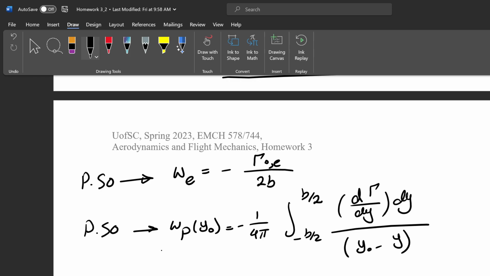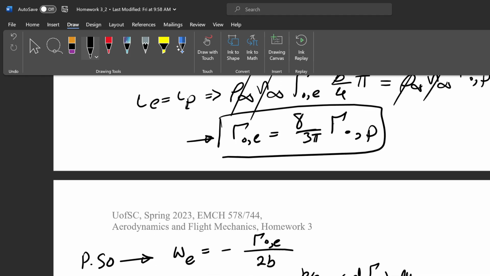We are looking at the symmetry plane, so y naught is 0, which means the parabolic induced velocity at 0 is negative 1 over 4 pi integral from negative b over 2 to positive b over 2.